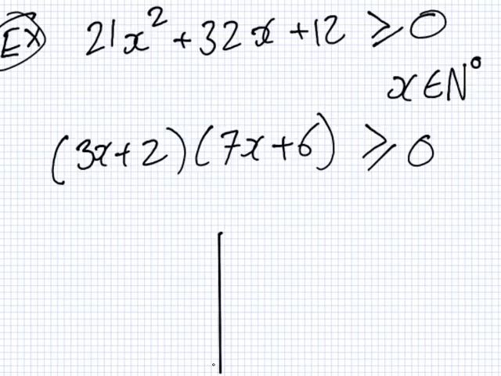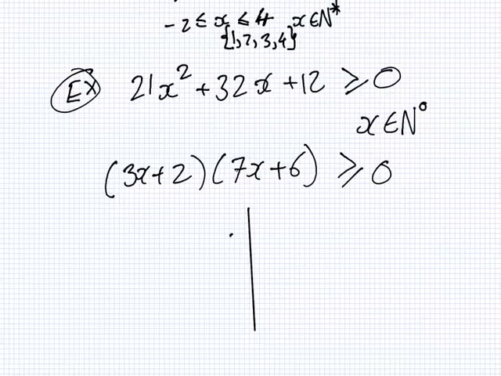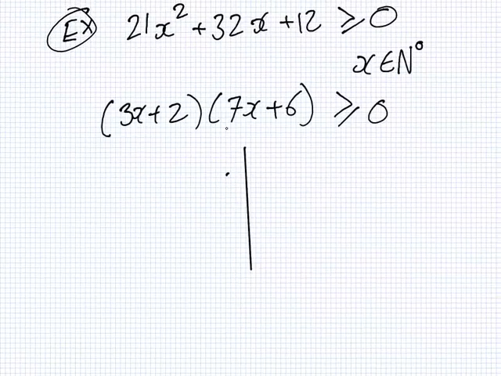Okay, so you have two numbers which are multiplied together and they will be positive. There's only two ways that that can happen. The first way is if each of them are positive.